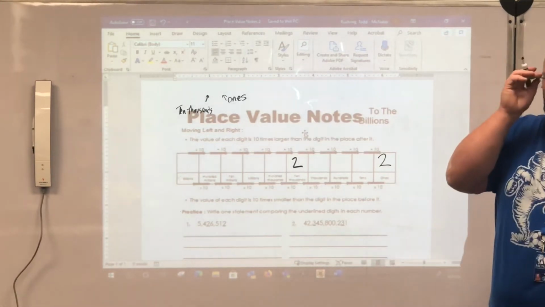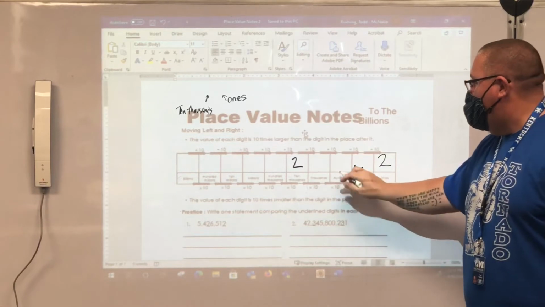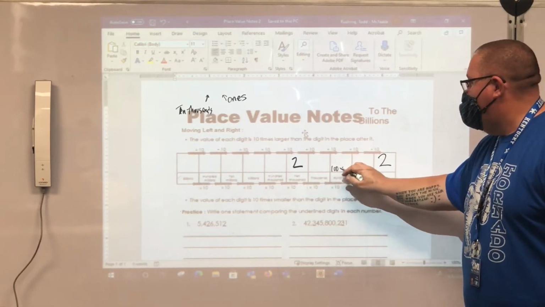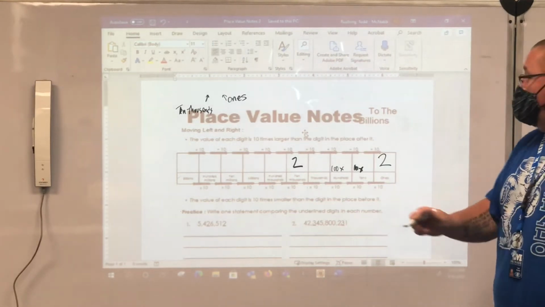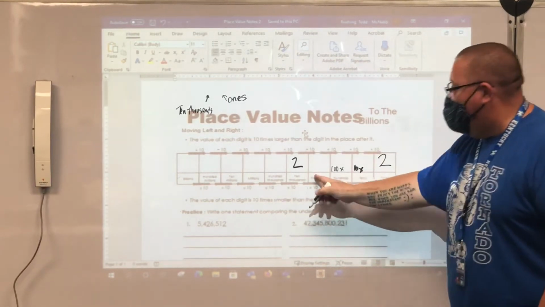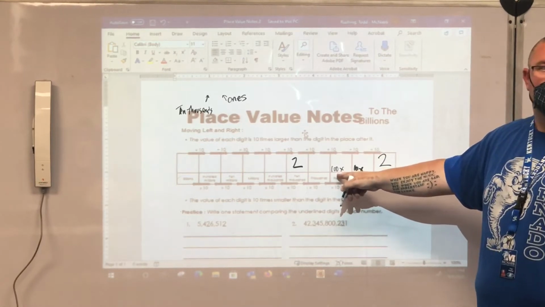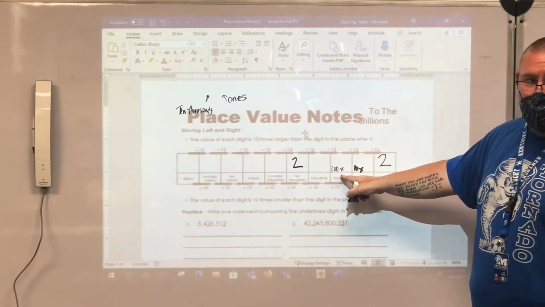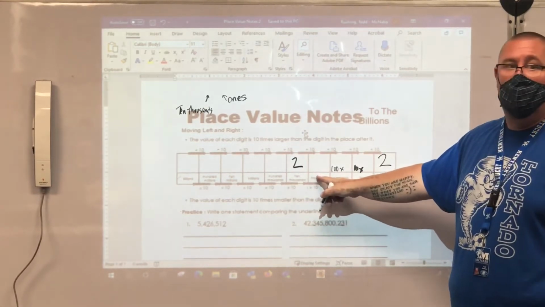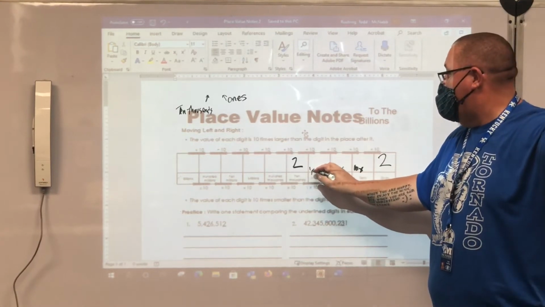So the 10s would be 10 times bigger. The hundreds would be 100 times bigger. If we move one more place to the left, we're just adding zeros. So if this is 10 times bigger, 100 times bigger, what do we think this one's going to be? 1,000. There you go. 1,000 times bigger.